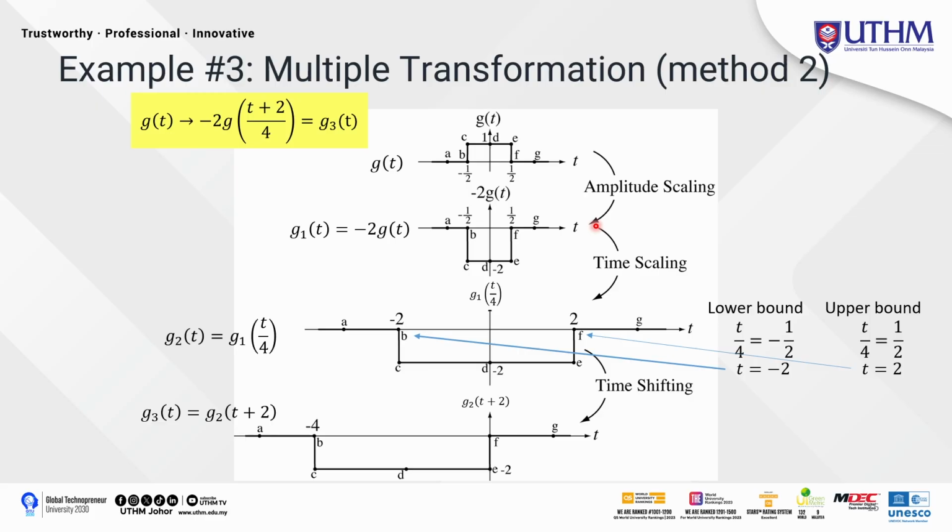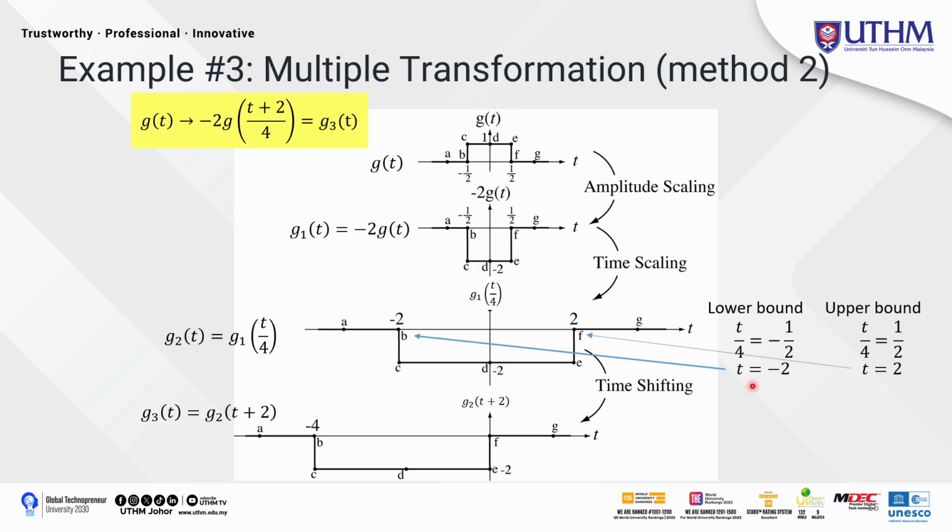Then next is time scaling. So for time scaling, we need to find the lower bound and the upper bound. The time scaling is t over 4. So t over 4 equal to the lower bound of negative half.